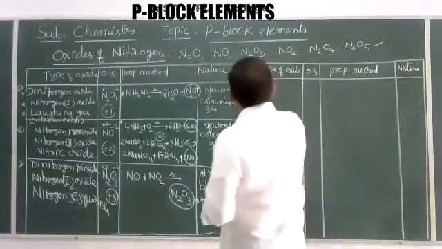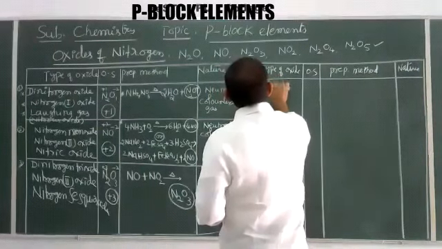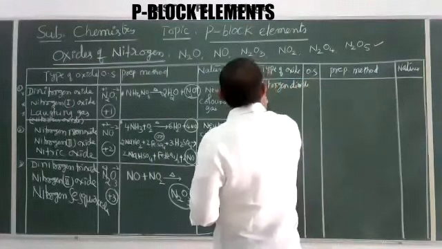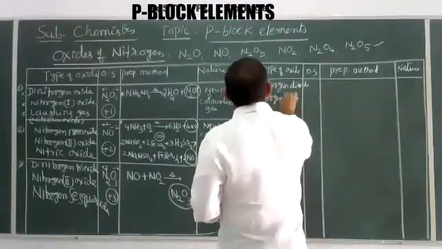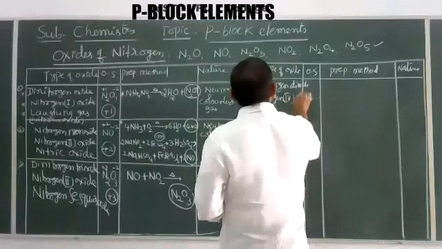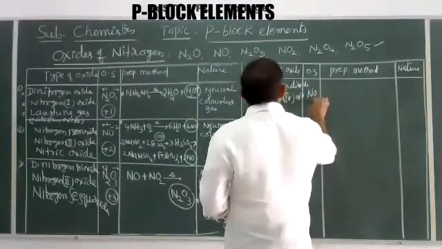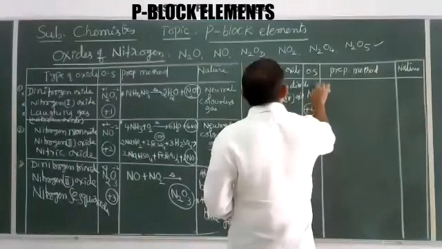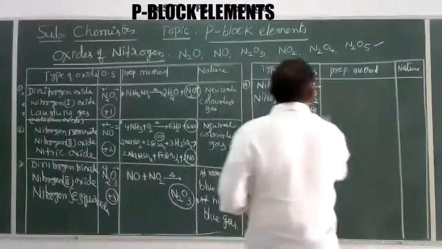So the fourth one is nitrogen dioxide. It is also called nitrogen 4 oxide, that's the name. Now its symbol is NO2. Its oxidation state is +4 because here -2 into 2 is -4, so it is compulsorily +4.